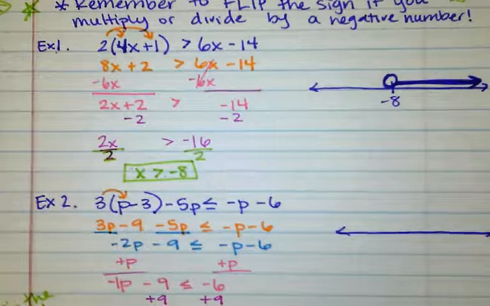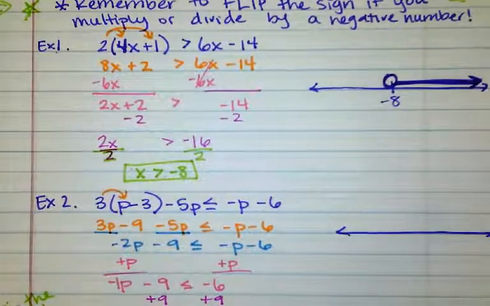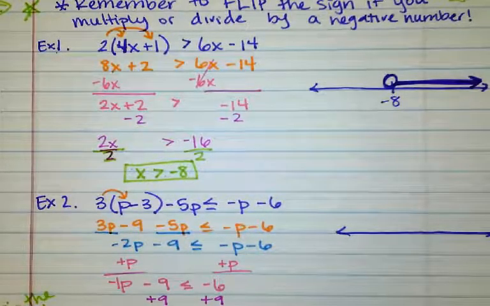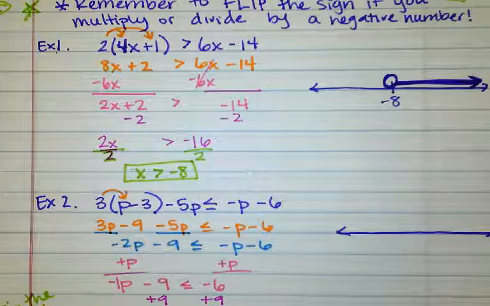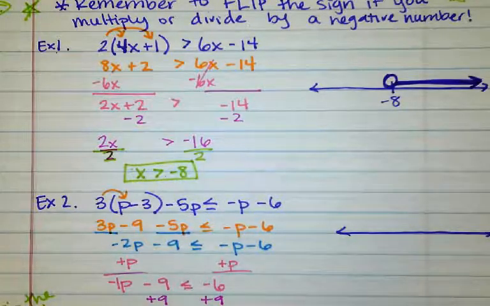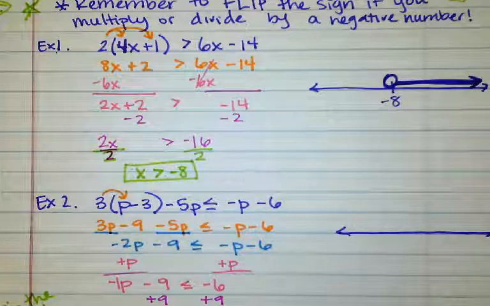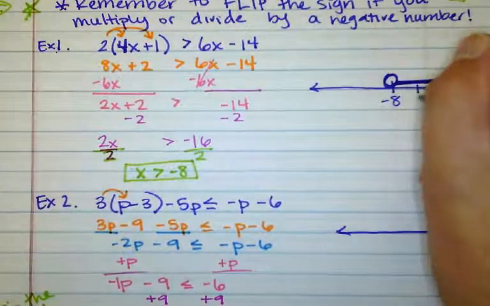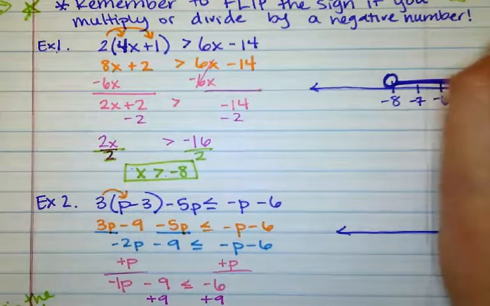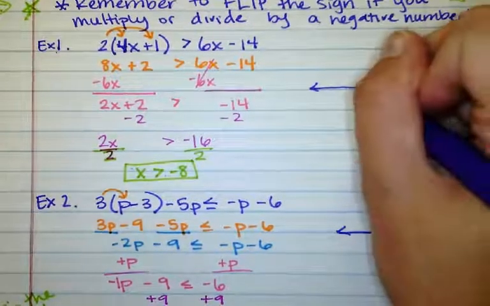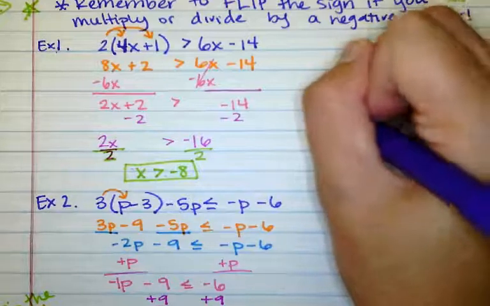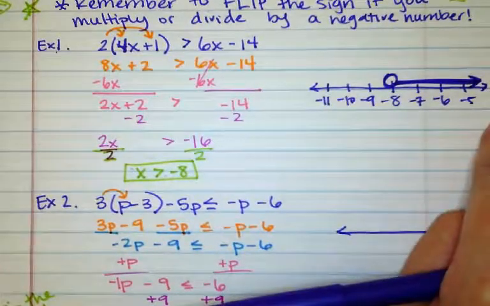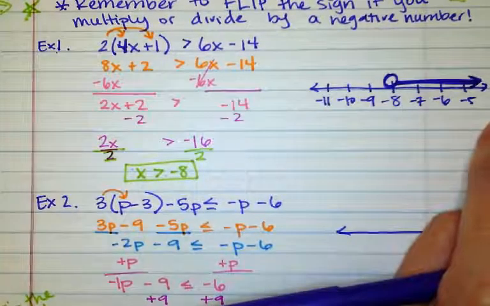One way to help is, guys, a less than symbol looks like an L. If you hold up your left hand, that's the less than symbol, and so you go to the left. The greater than, you go to the right. So then I would probably do my other little numbers here. So all of my values are going to be greater than negative 8.